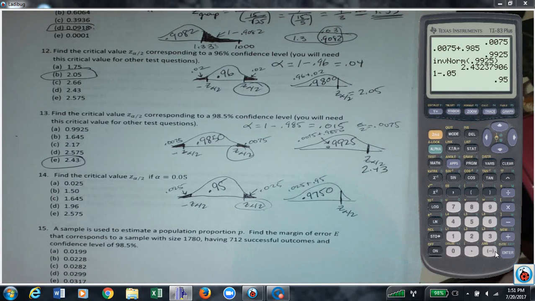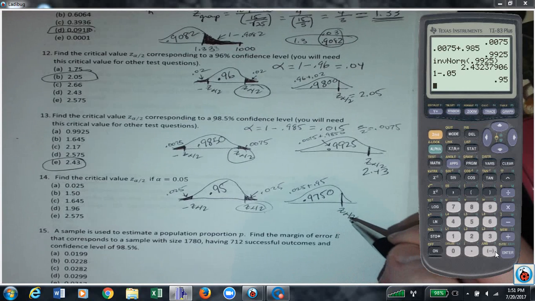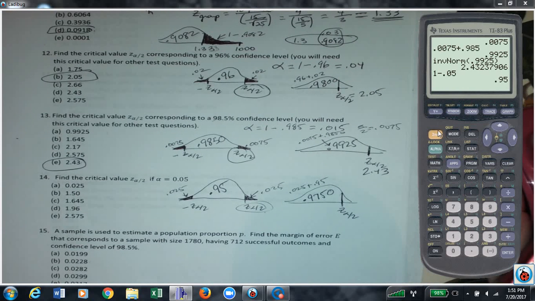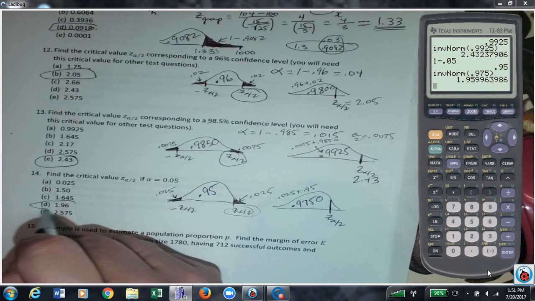And if I want to take it to 4 decimal places, I get that. If I know the left area, I can get the z-score. Easy way to do it, or a quick way to do it, is do second vars. If you know the left area, and rounding to 2 decimal places, I get 1.96.